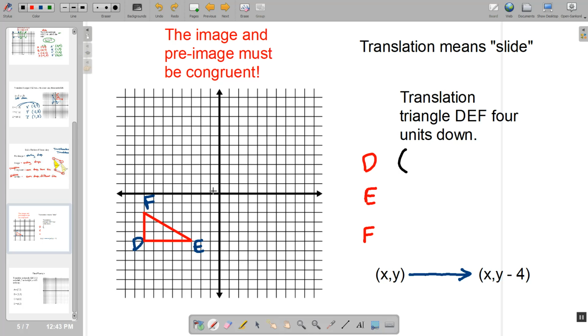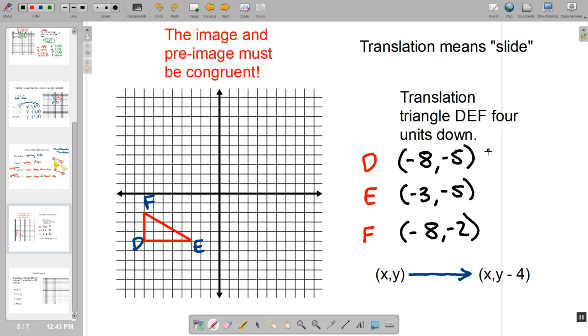D is back 1, 2, 3, 4, 5, 6, 7, 8, and down 1, 2, 3, 4, 5. So that's -8, -5. Our E then is back 3 and down 5. And our F would be back 8 and down 2.